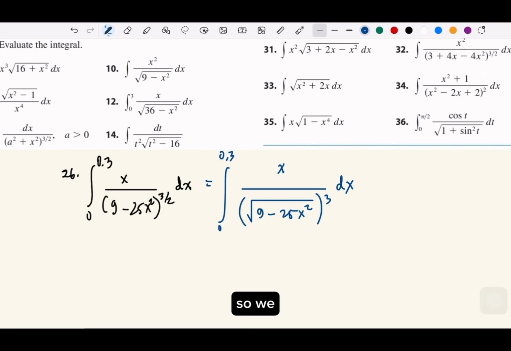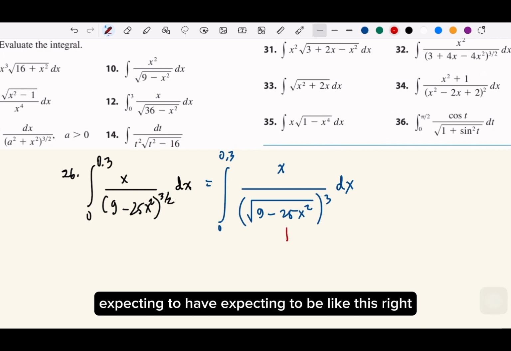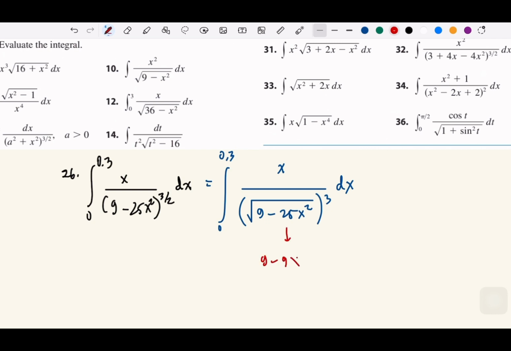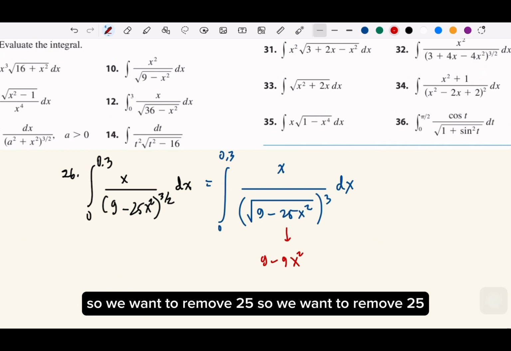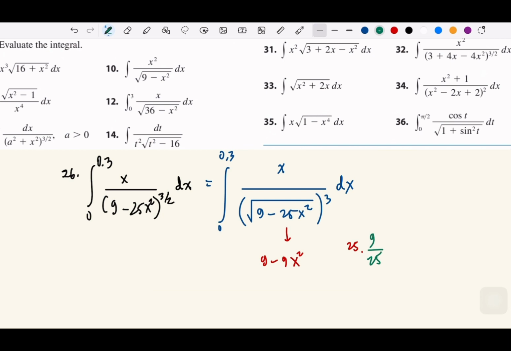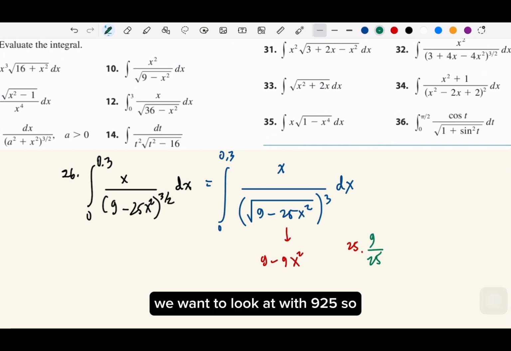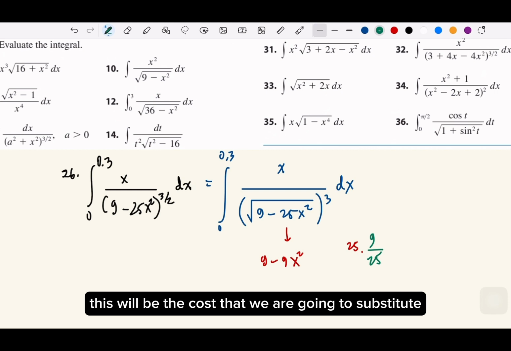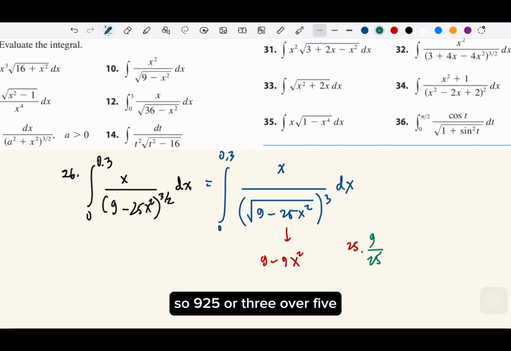Do you get it? So let me write here. So we're expecting it to be like this, right? So we want to remove 25, so we want to multiply with 9 over 25. So this will be the constant that we are going to substitute. Okay. So 9 over 25 or 3 over 5.